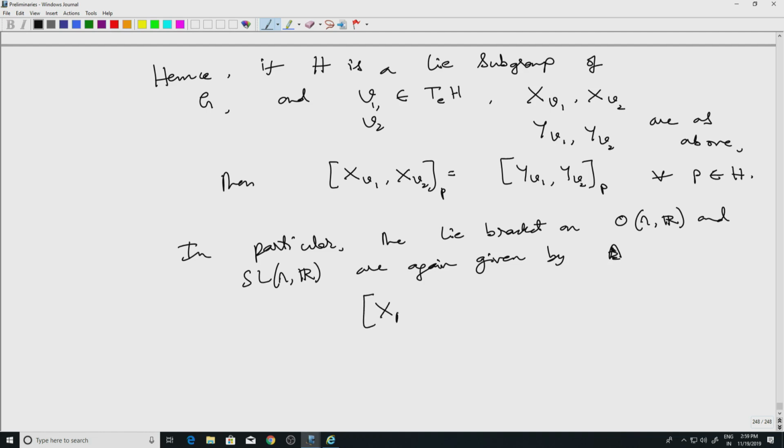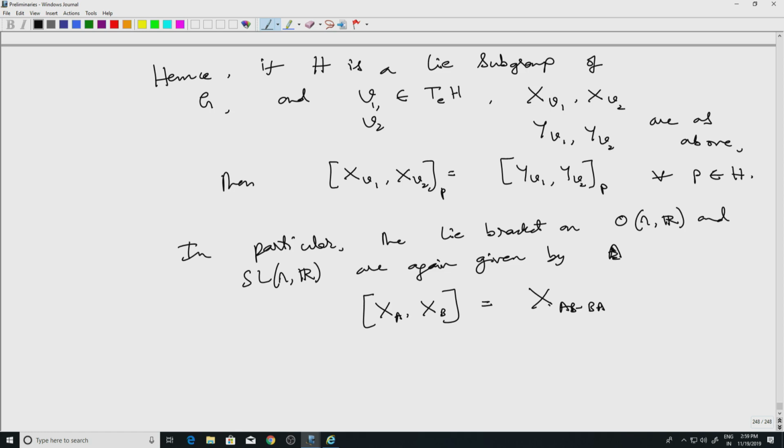If I start with X_A, X_B, the Lie bracket of X_A, X_B is X_{AB minus BA}, because the point is that if I look at Y_A, Y_B in the notation we just talked about, the Lie bracket of Y_A, Y_B is given by Y_{AB minus BA}, but X_{AB minus BA} is nothing but the restriction of Y_{AB minus BA} to the subgroup, which is X_{AB minus BA}.